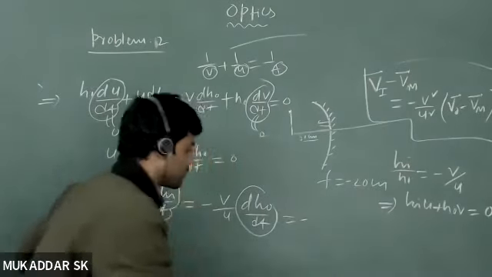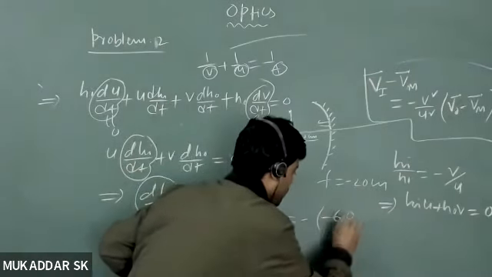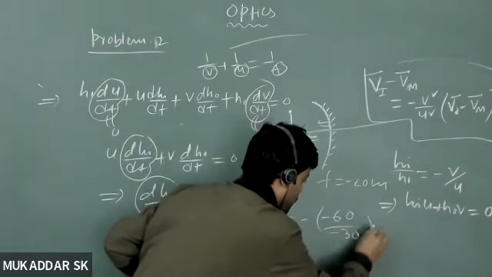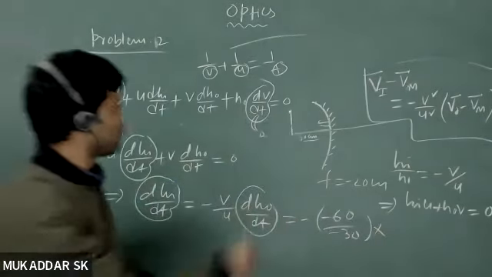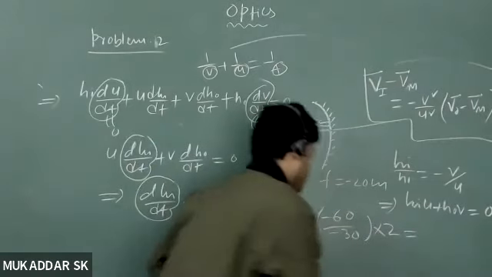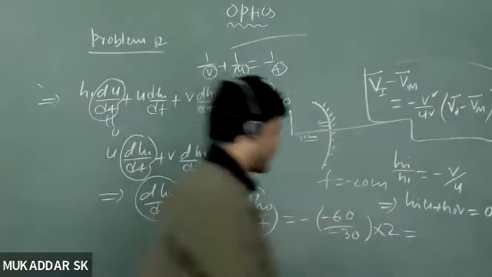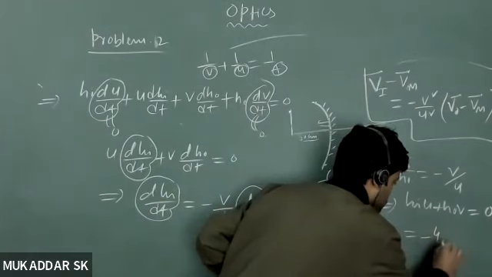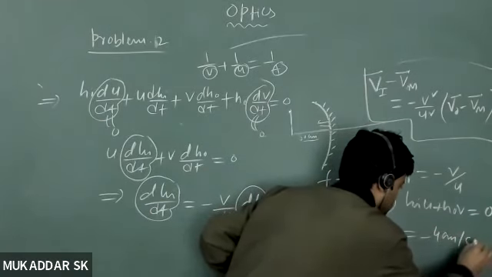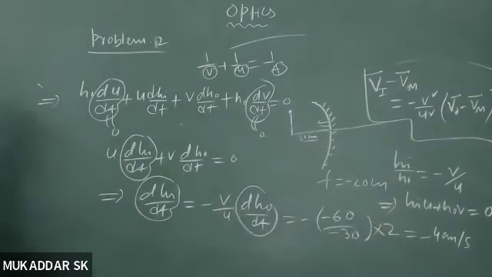So we know v is minus 60, u is minus 30, and dho by dt is given as 2. If you calculate, you will get minus 4 centimeter per second. What is the meaning of minus?